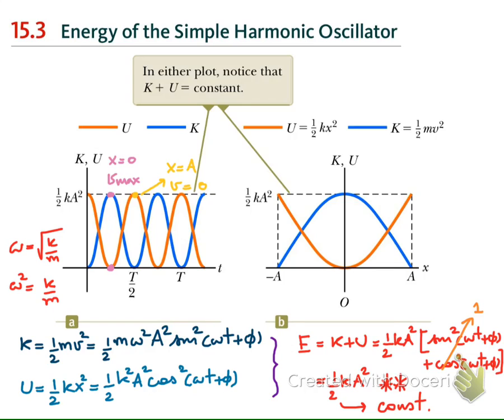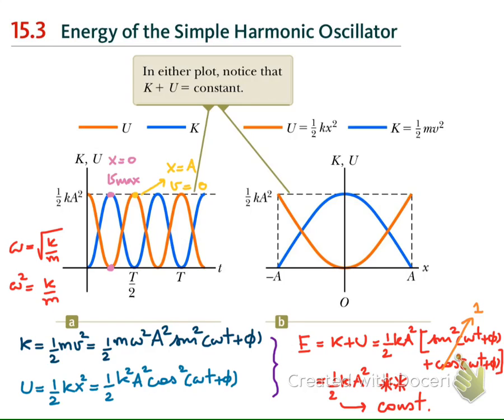Because x goes to the maximum displacement, it cannot go beyond that point, and the velocity must be 0. So when x is maximum, the potential energy is maximum, and because v is 0, the kinetic energy is minimum.